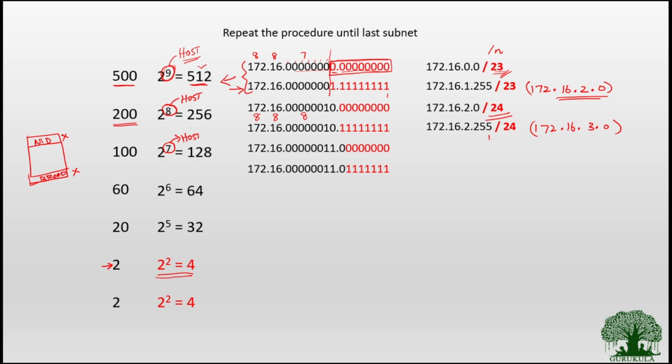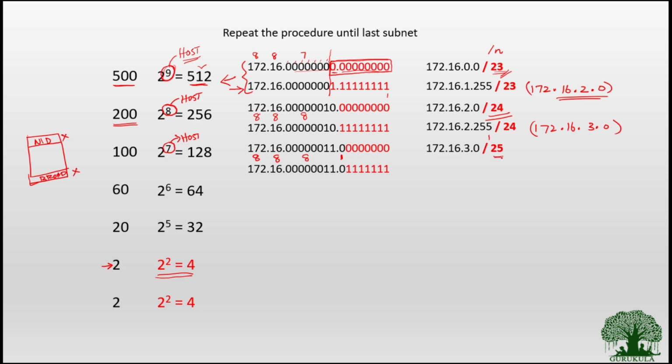And obviously what will be the /n representation? You can pause the video here and take a guess. So I have 8 bits over here, 8 bits over here, 8 bits over here, and one more bit over here which is allocated to represent the network. So 3 times 8 is 24, and 24 plus 1 is 25.